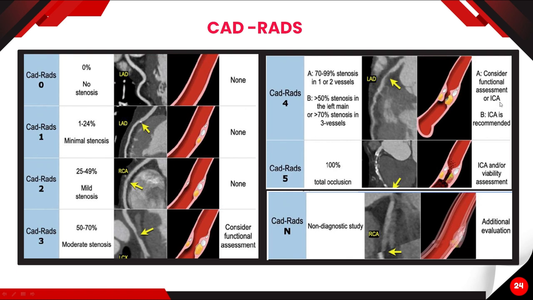For CAD-RADS 4B patients, we will advise invasive coronary angiography. And for CAD-RADS 5, total occlusion, we will advise invasive coronary angiography or viability assessment based on the patient's condition.